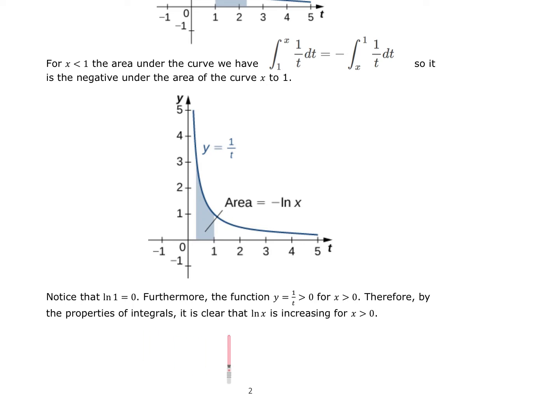And it's clear that the natural log is increasing when x is greater than 0. If x is somewhere out here, the area will continue to increase, which means the natural log itself must be increasing.